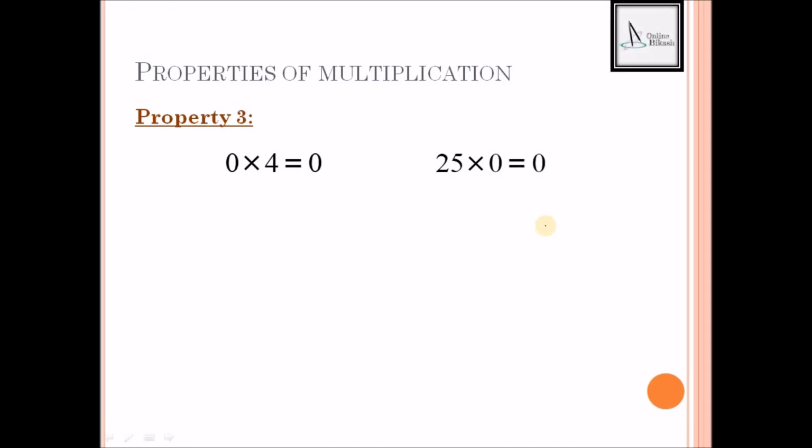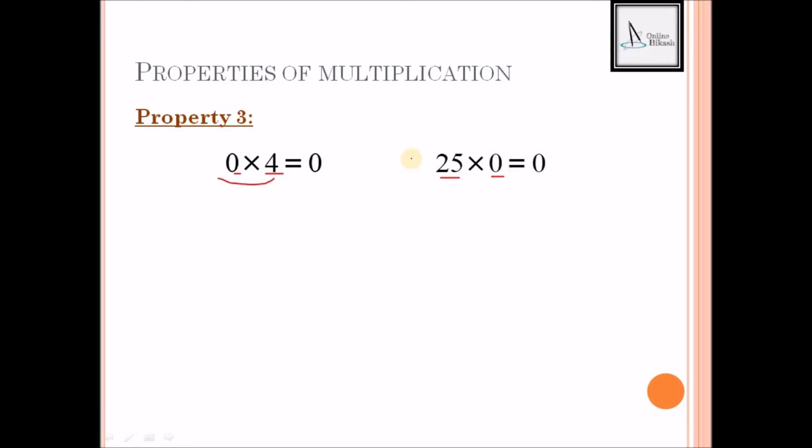Now this property 3. In these two cases, you see 0 multiplied by 4 equals 0. 25 multiplied by 0 equals 0. Here one of the factors is 0. That means these are the factors: 0 is a factor, 4 is a factor. In this case 25 is a factor and this 0 is a factor.